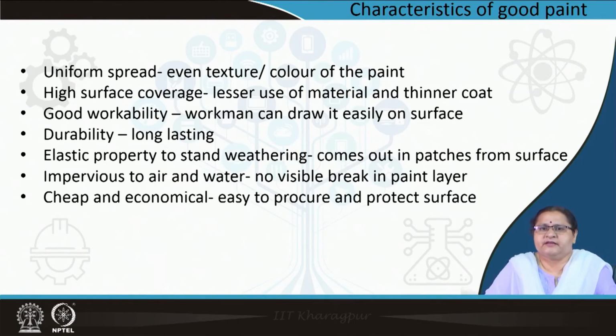So it is very important to remember that you have to have a protective surface which should also be cheap and economical for people to buy and use, because that is a protector. This layer is a protective coating for the entire building from any kind of damages which we discussed just in my previous slide.